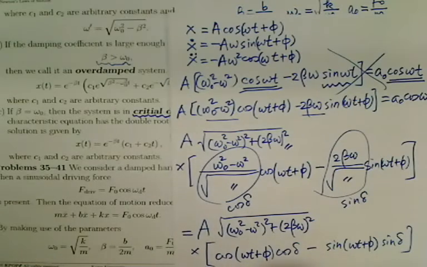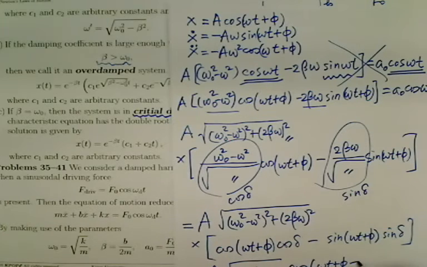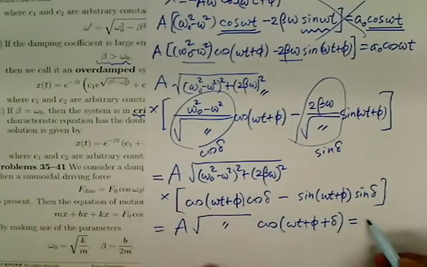With the same square root, cosine and sine, that means cosine omega t plus phi plus delta. This one equals A0 cosine omega t.